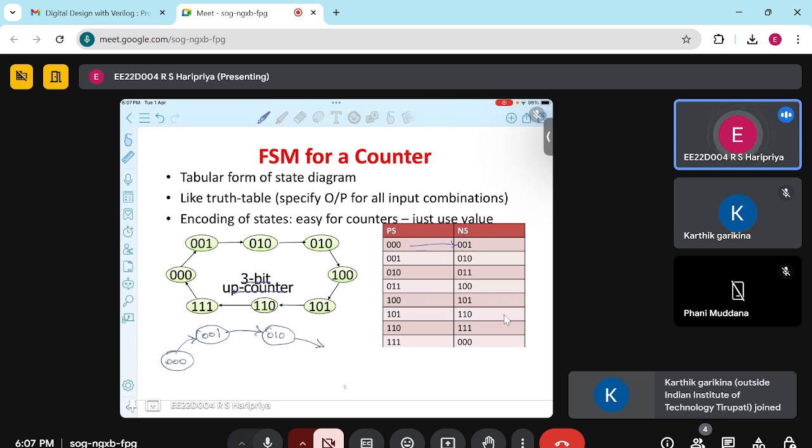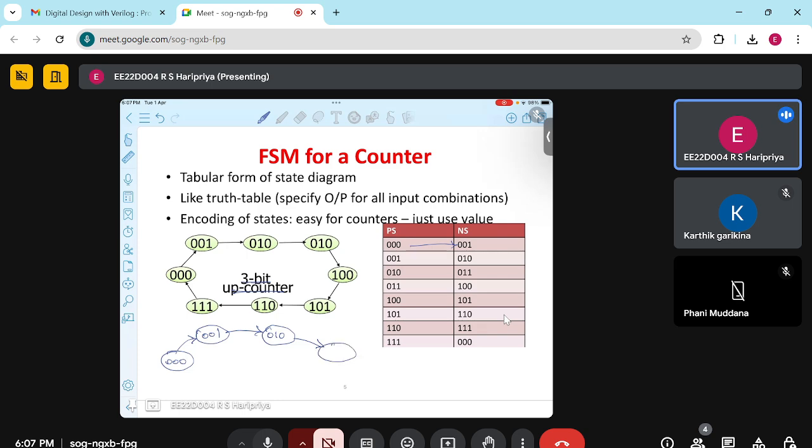And to the next state, which is 0, 1, 1. And from this, it is going to 4, to 5, 6, 7.